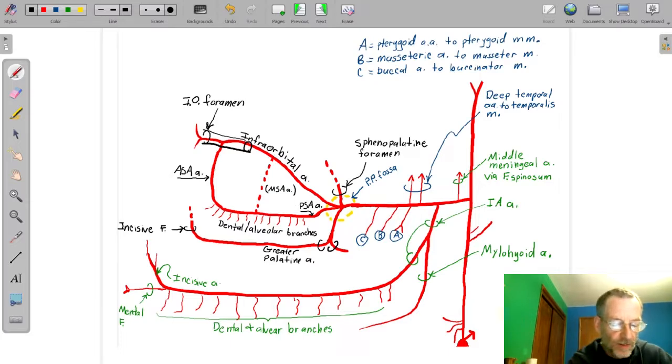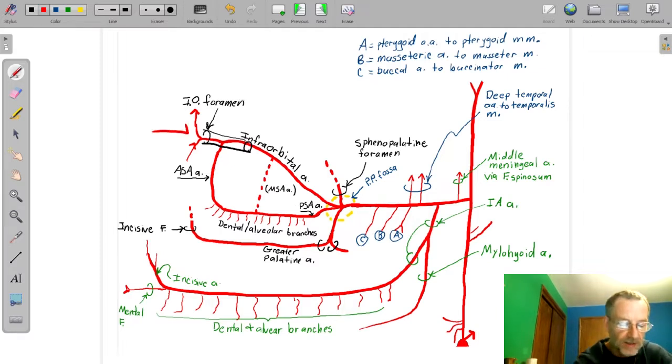And the infraorbital artery continues on through the canal and out through the foramen to supply blood to the face. And remember that it hooks up and anastomoses with the facial artery that's coming up on the face and the angular artery, which continues on up the side of the nose. So we talked about that connection when we were talking about the facial artery.